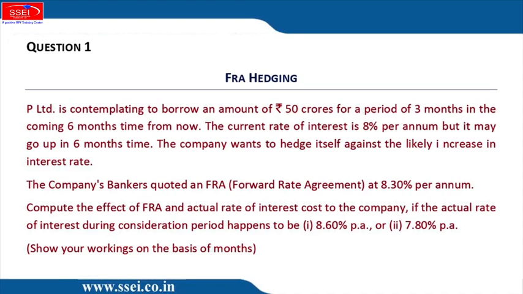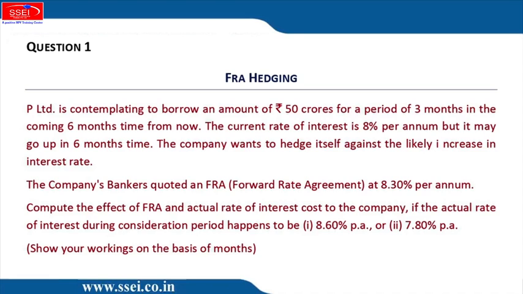So how will we solve the sum? In case 1, where the rate rises to 8.6%, we bought FRA at 8.3%, the rate rises to 8.6, so we gain. How much do we gain? We gain the difference, the present value of that. So 8.6 minus 8.3, that is 0.3% of 50 crores into 3 by 12.